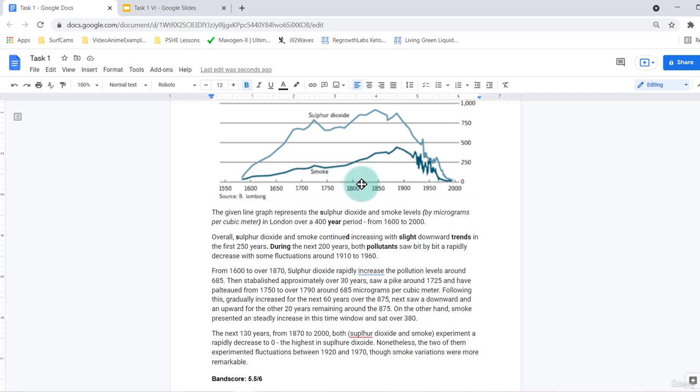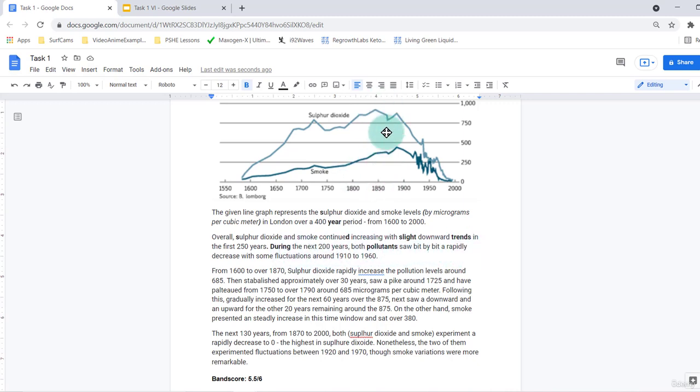So I think this student is reporting from 1800. Both pollutants saw bit by bit a rapid decrease with some fluctuations around 1910 to 1960. There are fluctuations here. That's more around the 1920 to sort of 70 mark, 75 mark. That's okay. I'm going to say during the next 200 years, both pollutants saw a rapid decrease.